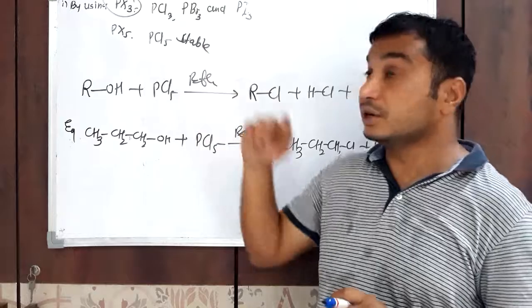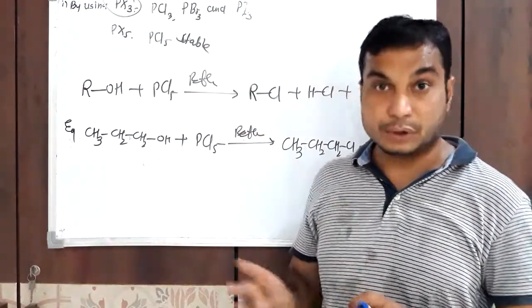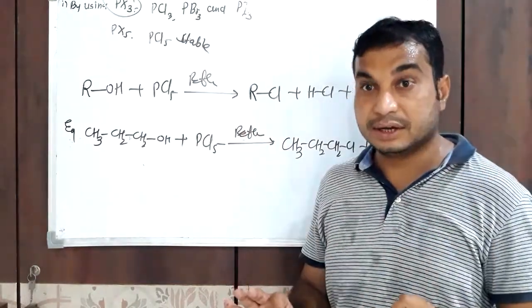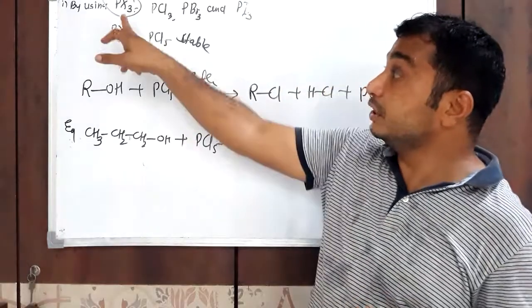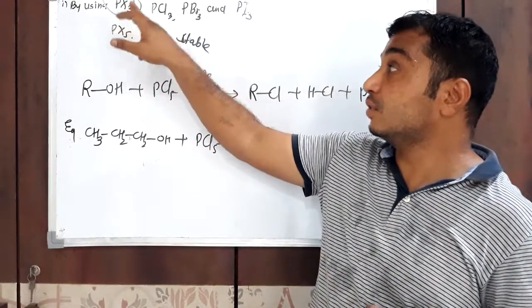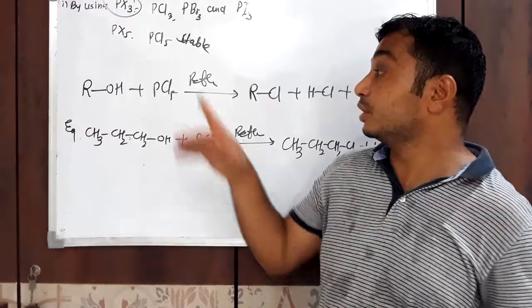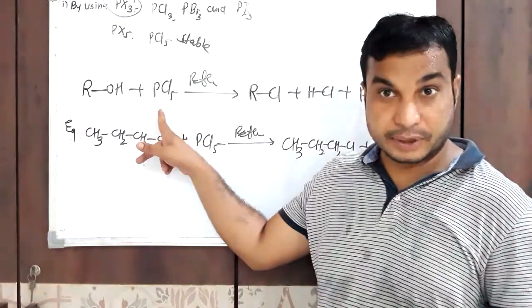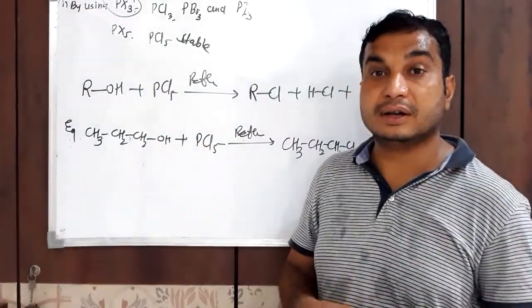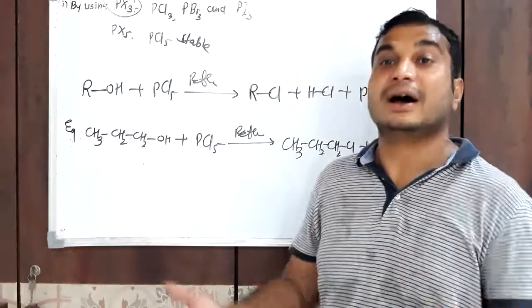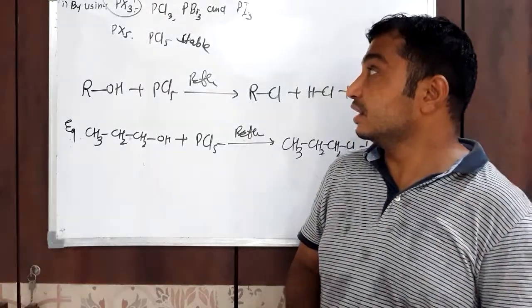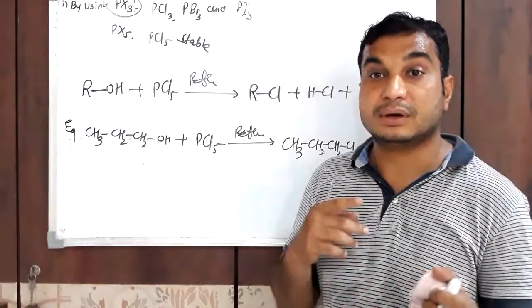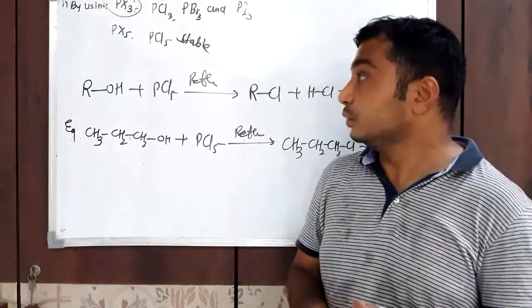Second, thionyl chloride, only for alkyl chloride. Third, PX3 and PX5, phosphorus trihalides and phosphorus pentachloride. We can prepare different alkyl chlorides, bromides and iodides. So students, these are the various methods for the preparation of alkyl halide. Thank you very much.